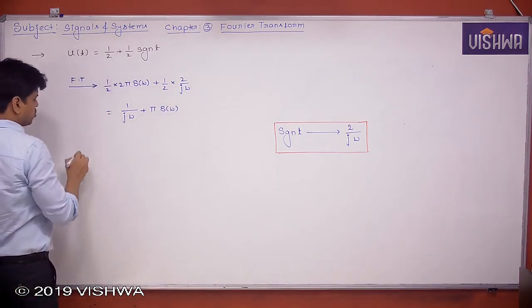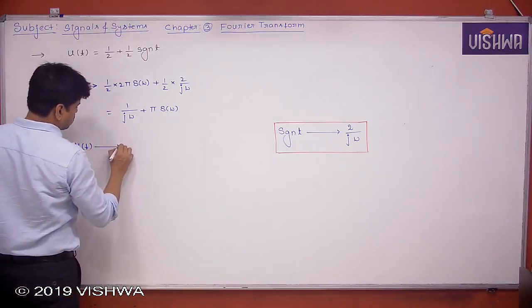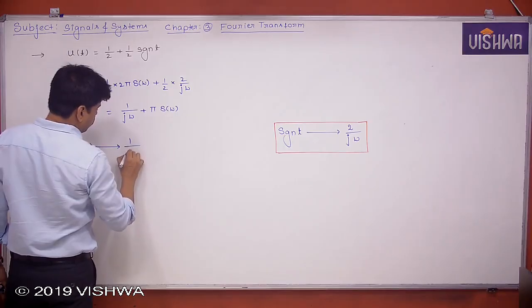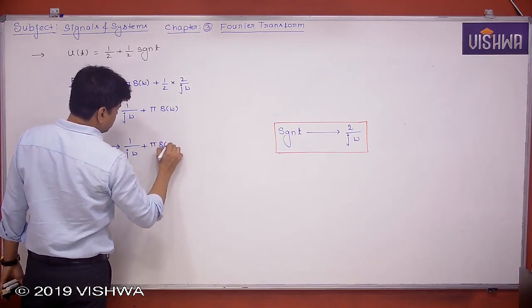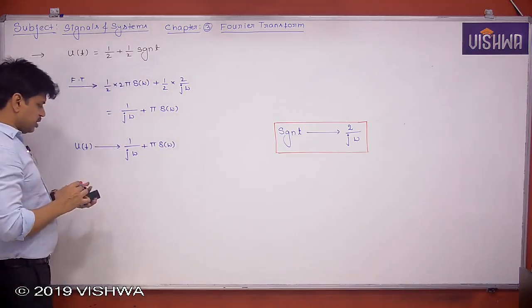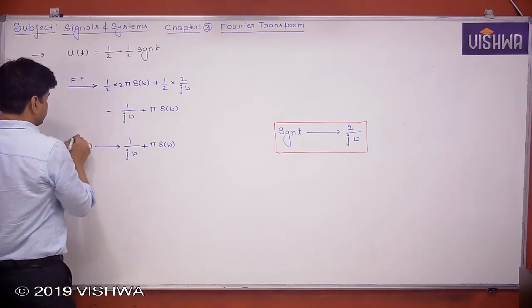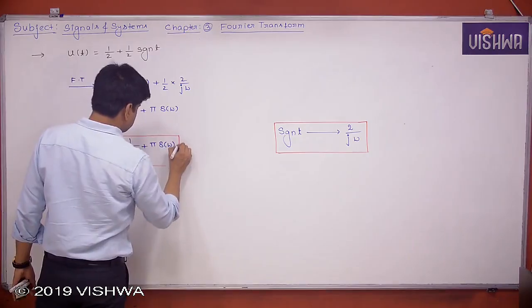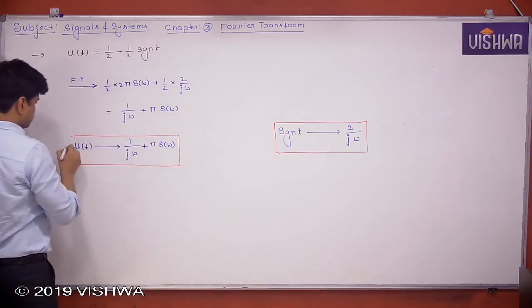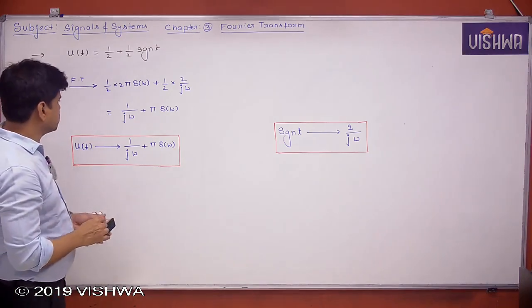It is a standard result that you have to remember: for the step function, the Fourier transform is 1 by j omega plus pi delta omega. Okay, take it.